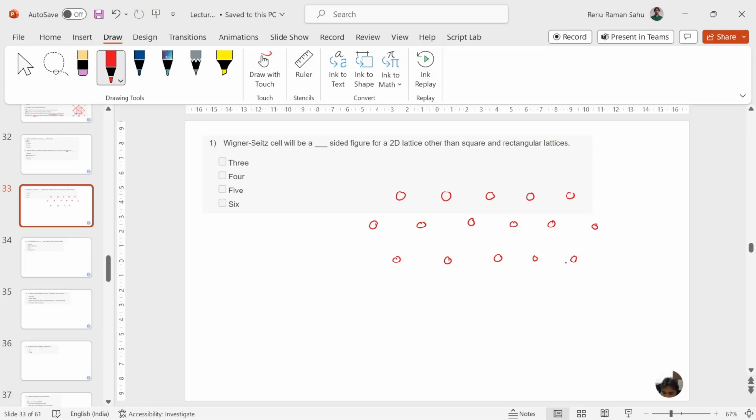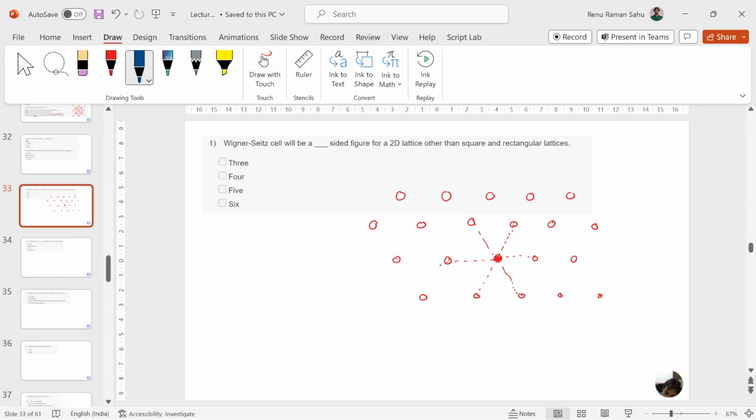Now from here, can you see how I draw the Wigner-Seitz cell? I choose an origin. Let me say I take one of these lattice points as the origin. From this origin, I join lines to all the other points. Then I take the perpendicular bisector of all these lines.